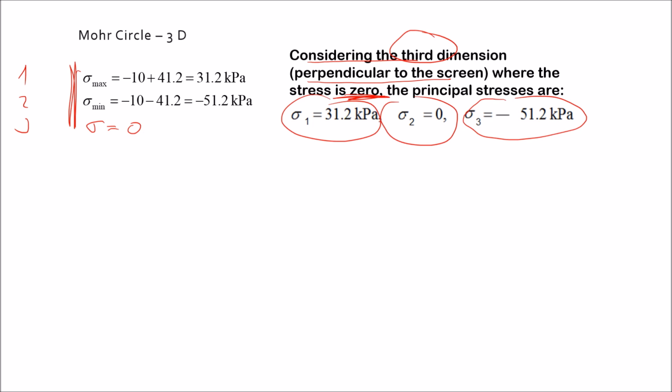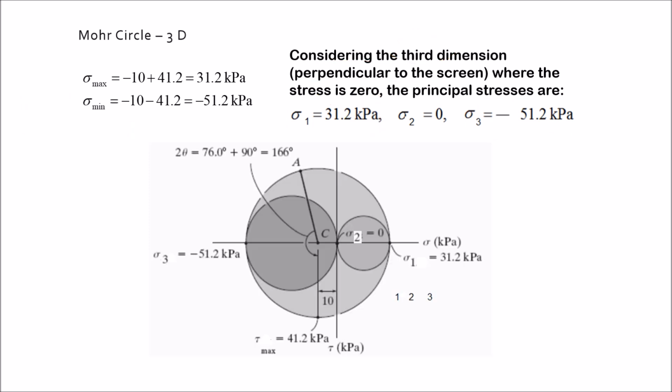Well, this type of notation is very important, especially in applying failure criteria, which we will deal with later. You can also draw the 3-dimensional Mohr circle.